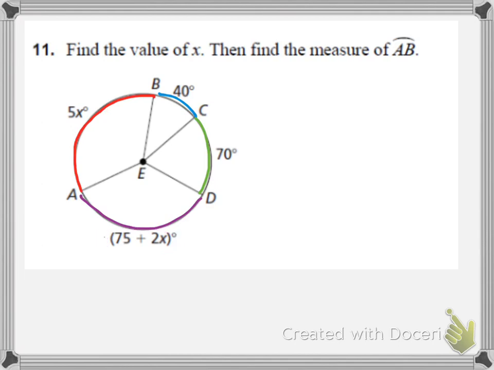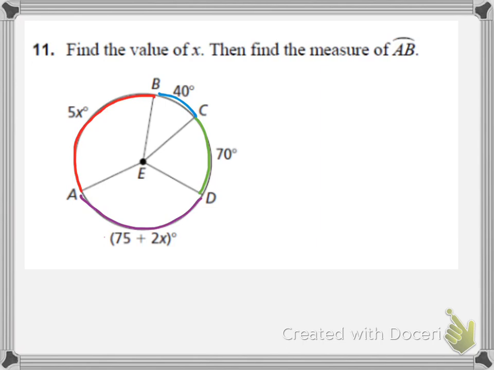So what I also notice is that no piece of the circle is missing. So what I know about all of the arcs of a circle and all of the angles inside of a circle is that they add up to 360. So we are going to add them all up and set them equal to 360.